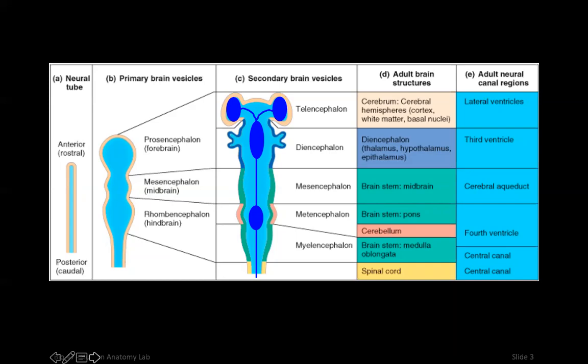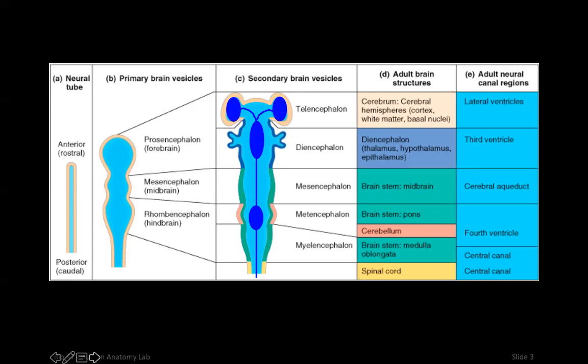And then as the nervous system continues to develop, those anterior and posterior swellings continue to specialize. And those original 3 swellings become the 5 main brain regions. And all of these brain regions surround a hollow space that's filled with fluid, and each of them has a specialized function. So the telencephalon is organized around these fluid-filled spaces called the lateral ventricles.